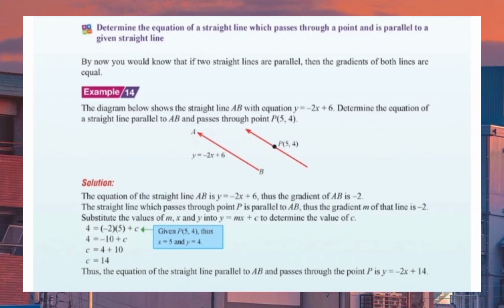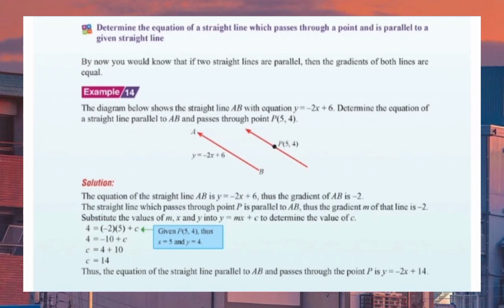So, the solution is, the equation of the straight line AB is y equal to negative 2x plus 6. Thus, the gradient of AB is negative 2.